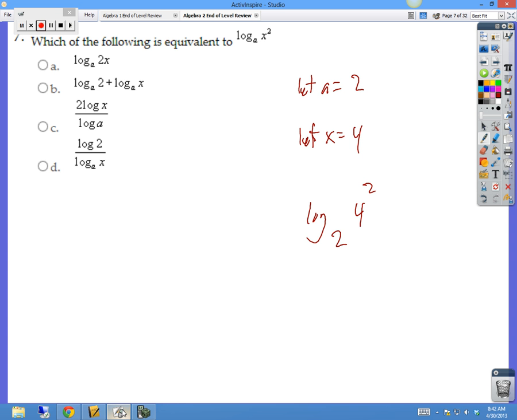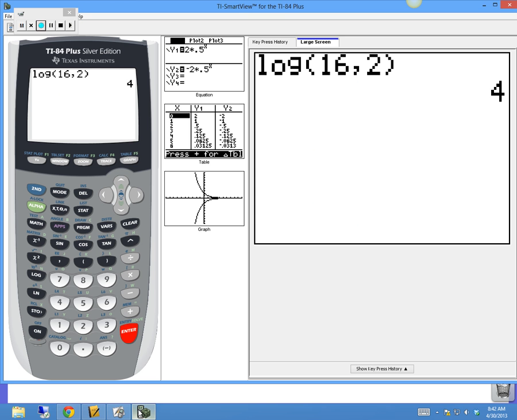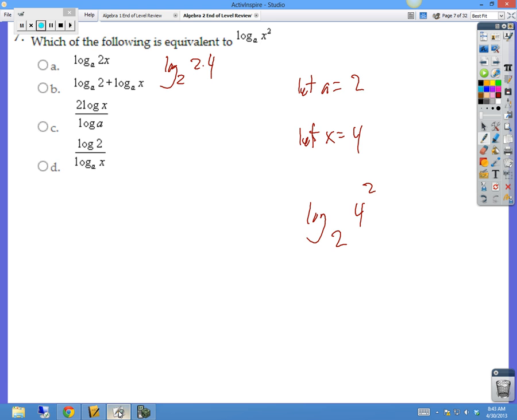So look at A right here. But you've got to always keep your A as 2 and your X as 4. So on A, if you punch in log base 2 of 2 times 4, that's 8. Log base 2 of 8.